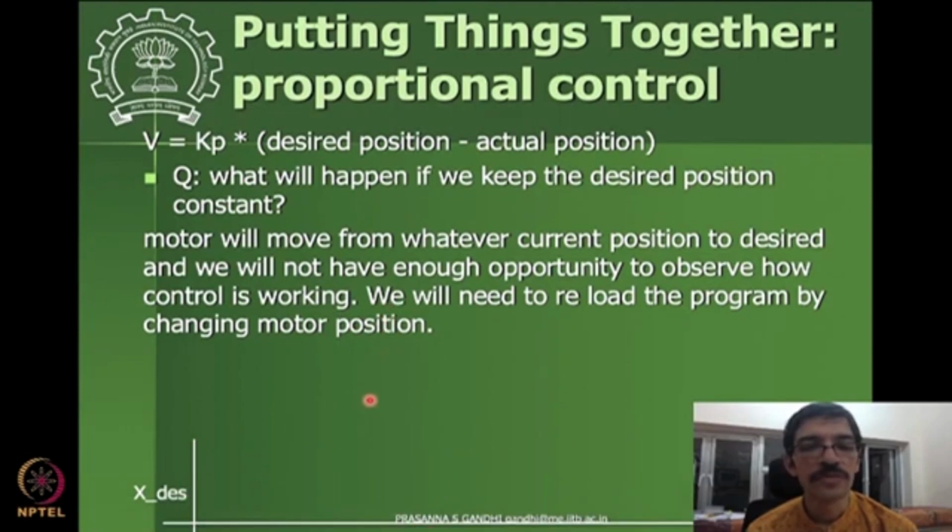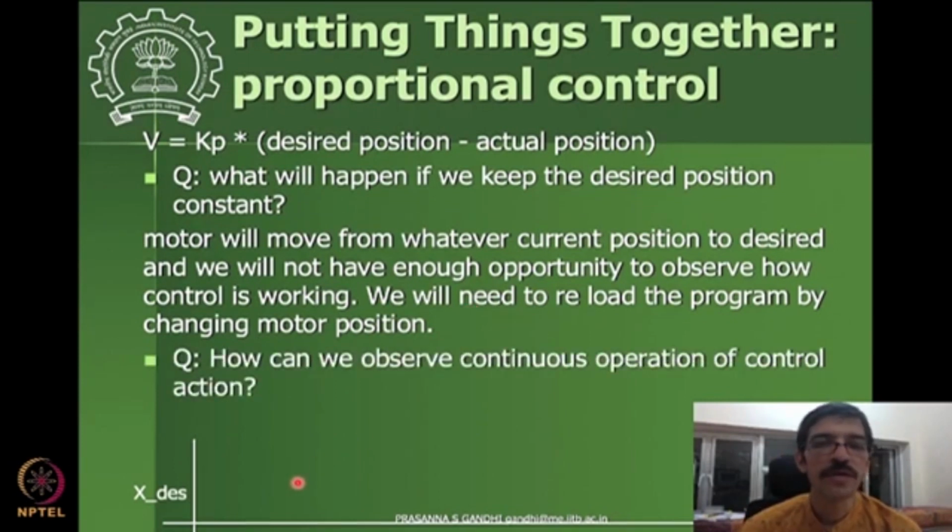You make it 0 again, let it come to 0, and again take it to the desired value. You can do that continuously. Otherwise, if you want to observe the same control law working multiple times, you will not be able to do that. So you can do that by using the desired position.